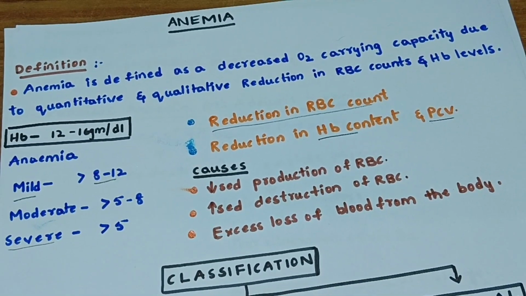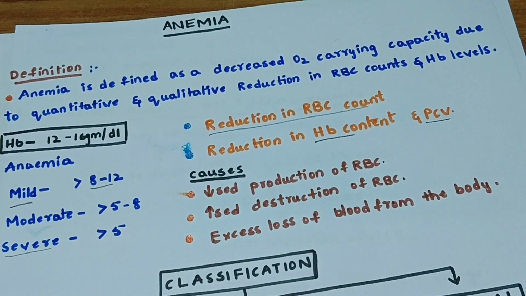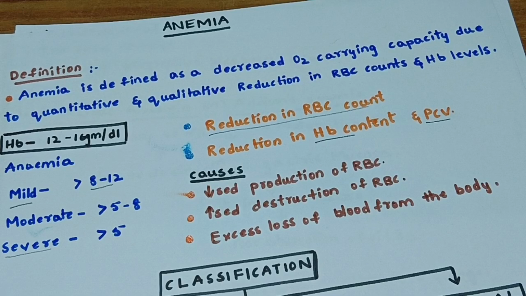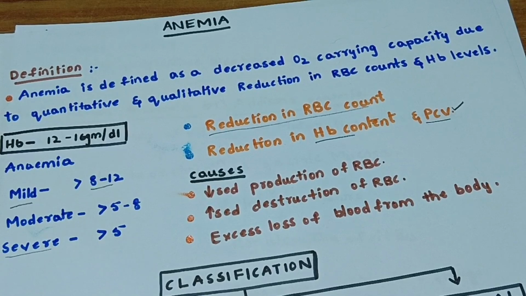We know that hemoglobin has the capacity to carry oxygen. If there is less RBC, obviously there will be less hemoglobin carrying the oxygen. So a reduction in RBC count, in HB content, or in the PCV leads to anemia.